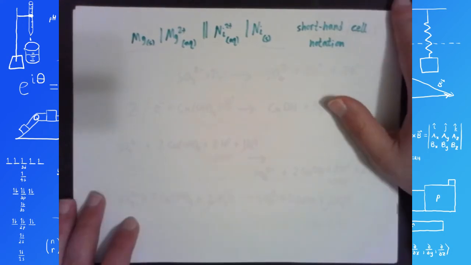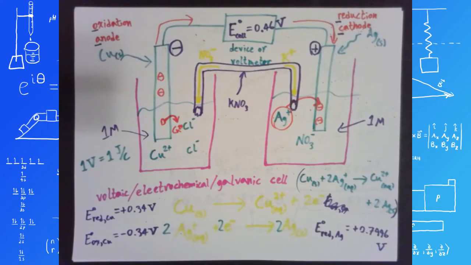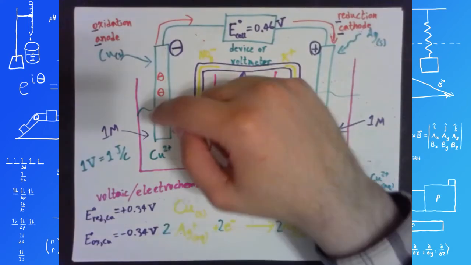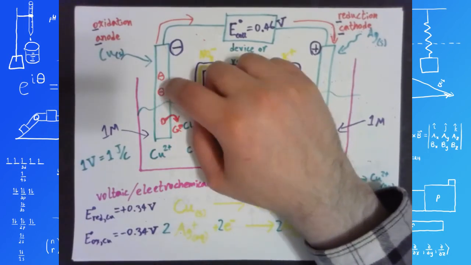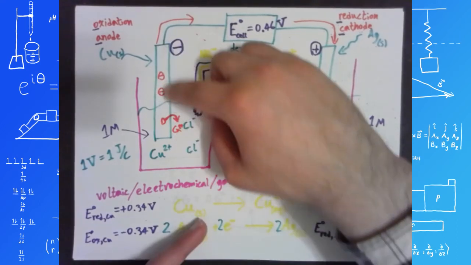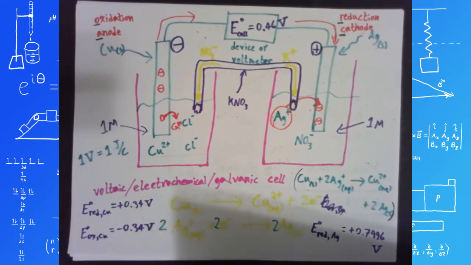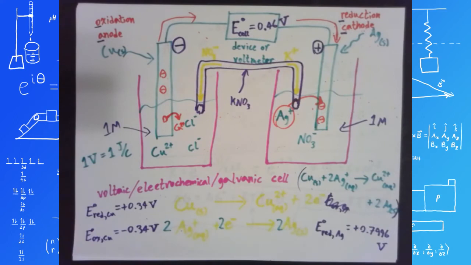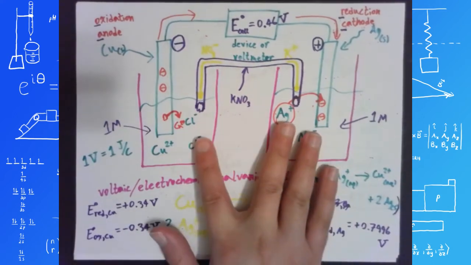Well, I guess when you split up the compartments like this, you make it so that the electrons have to be generated first, and then there's a little bit of a time gap during which the electrons have to travel all the way over to here before the reduction can happen.